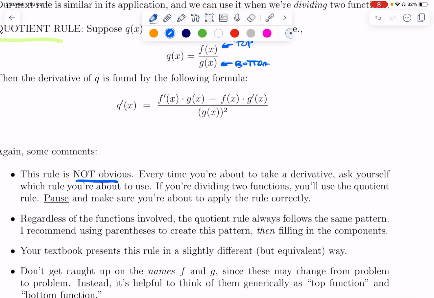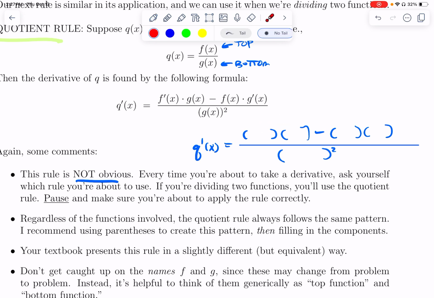Again, there's a pattern here, and I would recommend, once you know you're doing quotient rule, create that pattern, right? The pattern is, it's a big old fraction, something times something minus something times something, all over something squared. Let me make that squaring a little bit better. That's what I would do first. I am just creating the pattern.